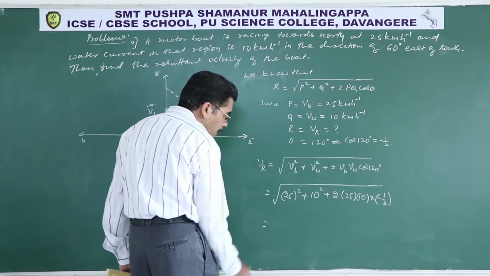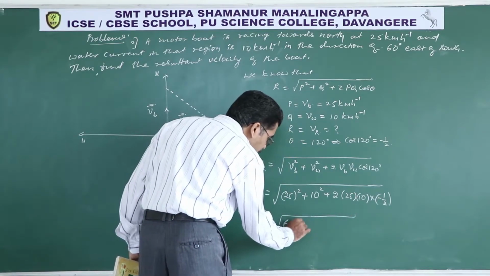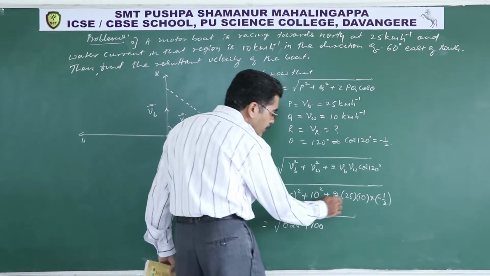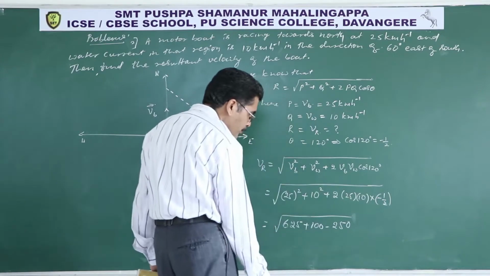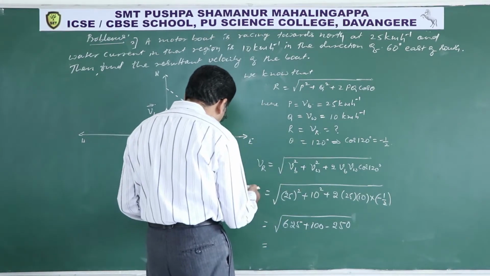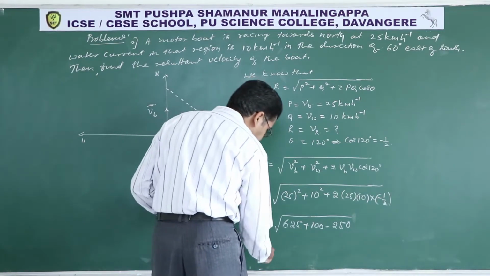So you are going to get 625 plus 100 minus 250.